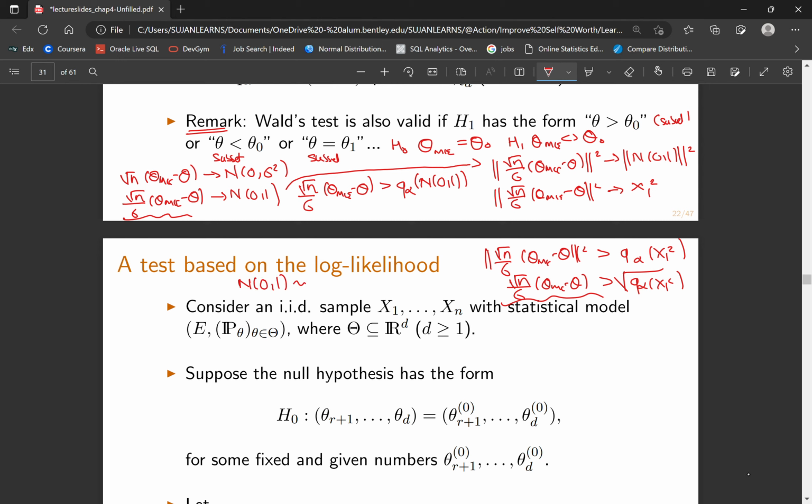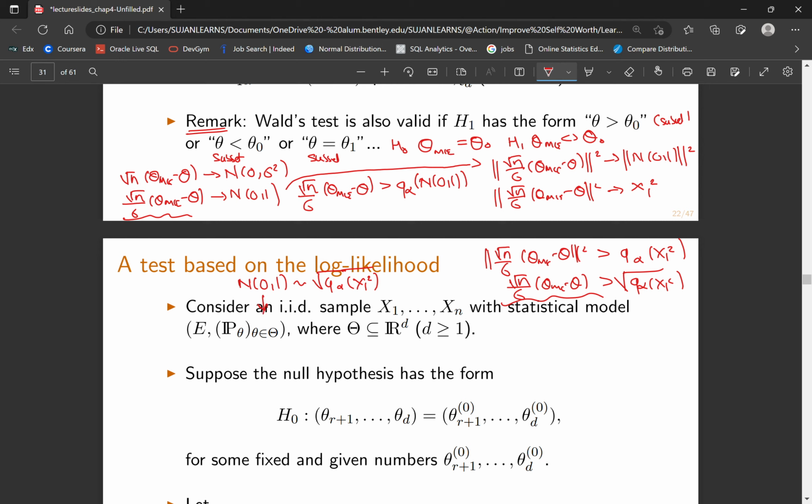N(0,1) is very similar to the chi-square q alpha. They are very similar.